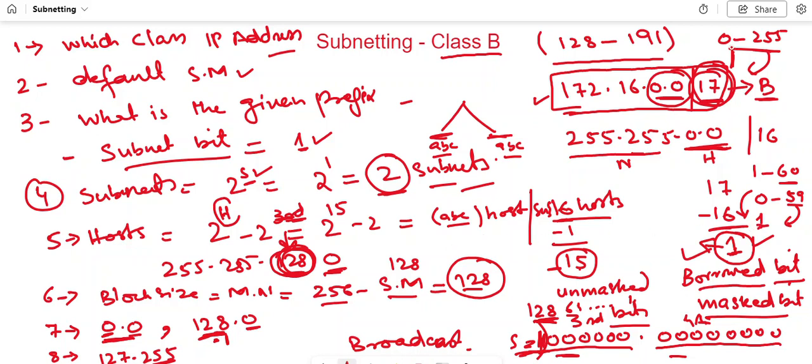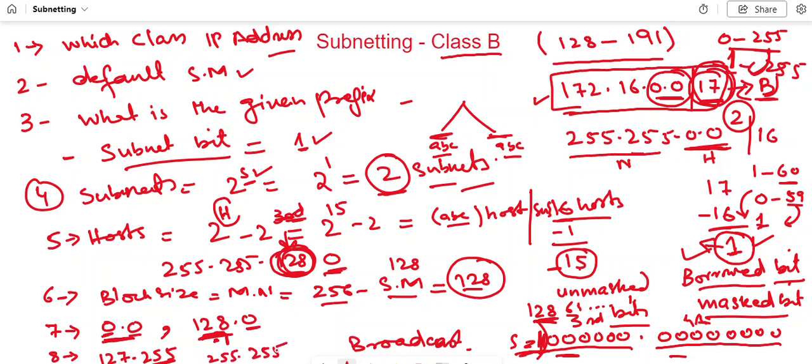Similarly, we go from 0 to 255, then the number will change to 1, and from 1 to 255, then you come here to 2. Similarly, when you reach 127.255, then you will get the value 128. Okay, is it clear?